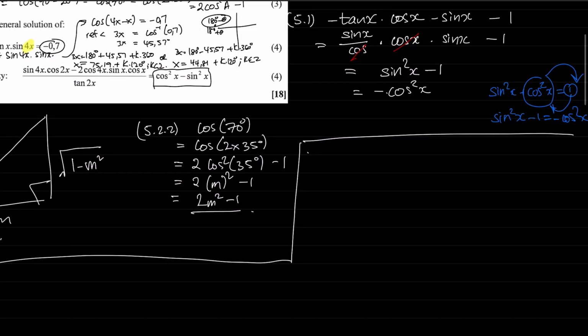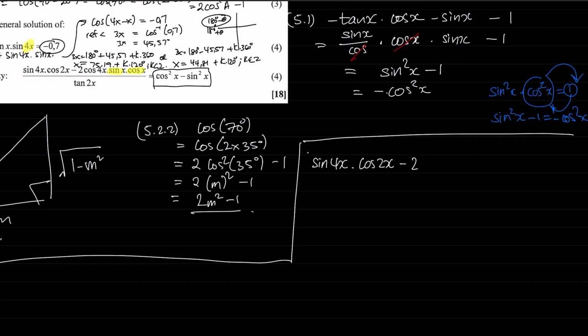So my left hand side, let's rewrite this: sine 4x multiplied by cos 2x. Now I'm just going to rewrite this a little bit, and you'll see why in a minute. These two terms, the sine x and cos x, I'm going to bring to the front. Watch what happens.